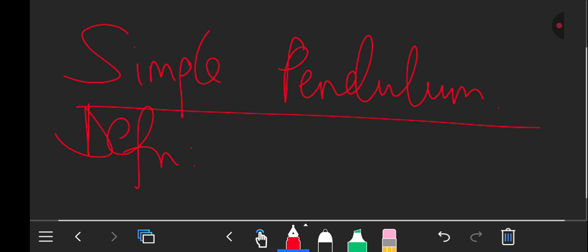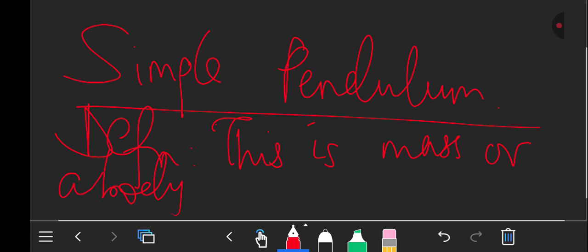When you're talking about a simple pendulum, it is just a mass, or we can say a bulb, suspended.